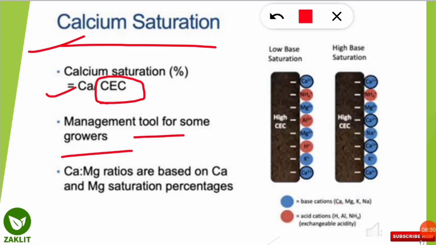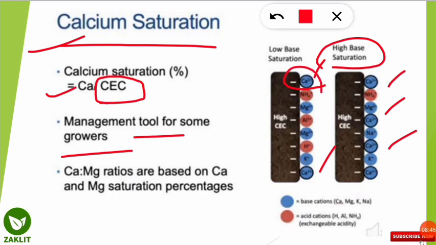The same example is taken here, considering calcium. Soils with more calcium cations will have higher calcium saturation. Here there are 3 times calcium ions, but here the example has taken only 2 times calcium ions. That's why they have low base saturation, that is low calcium saturation.